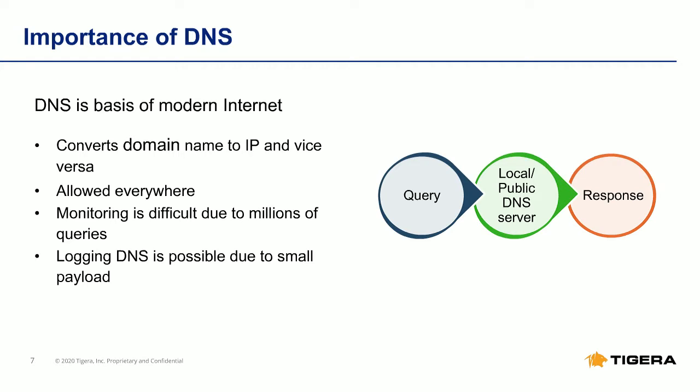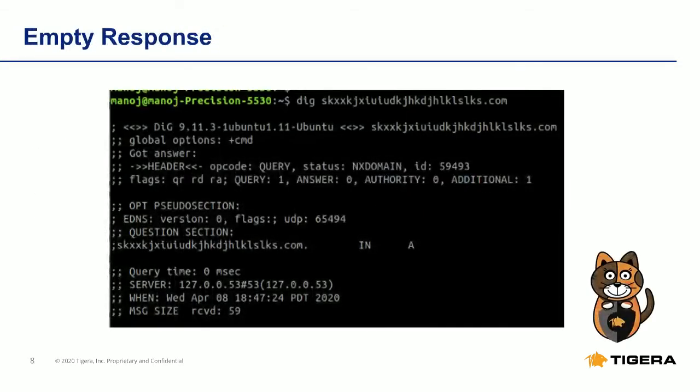This is a relatively simple behavior, but monitoring this behavior could be really difficult as there could be millions of queries per day. But the good news is logging DNS is possible because it is such a small payload, it just fits under your MTU size.